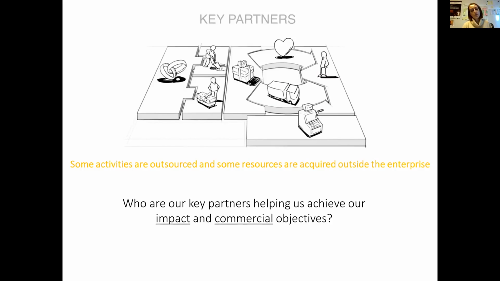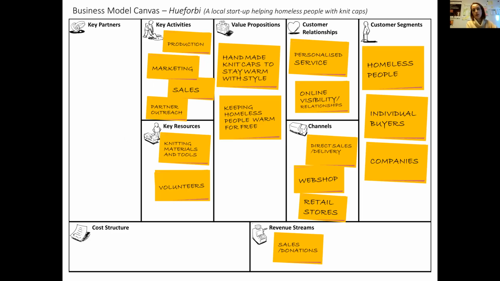So firstly, about the social impact that we are trying to achieve. Who should we involve in our business model? Who are the key partners you think should be involved in this model? Any ideas?